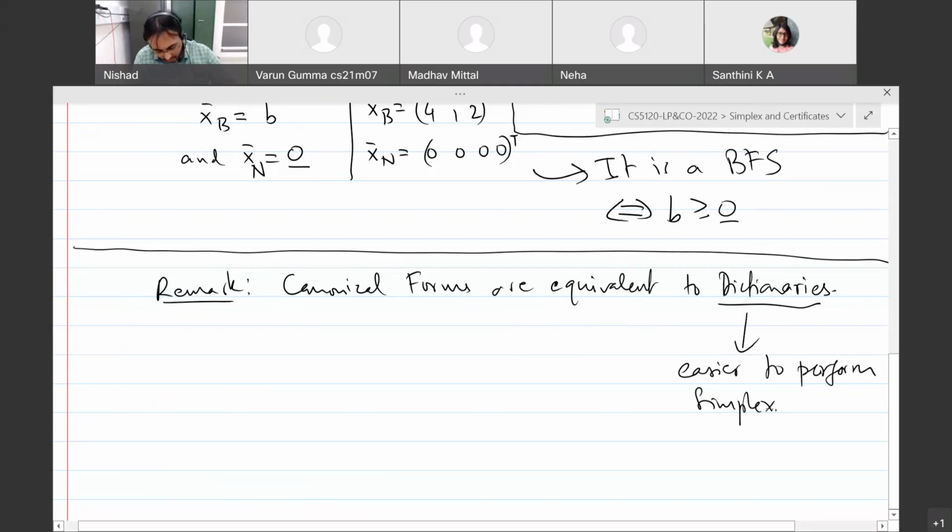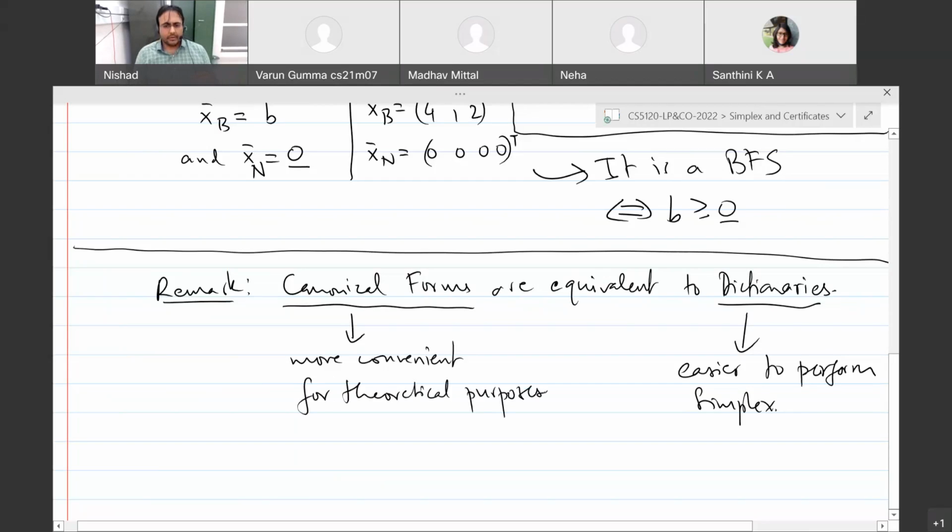However, canonical forms, because you have a matrix and vector and everything, are more convenient if you are doing more theoretical stuff. So if you're trying to prove things about the simplex method, you might find this format easier to work with. So I'd like to talk a bit about both of them.